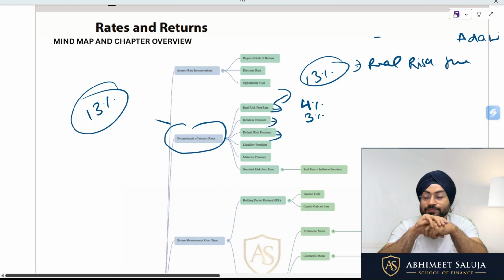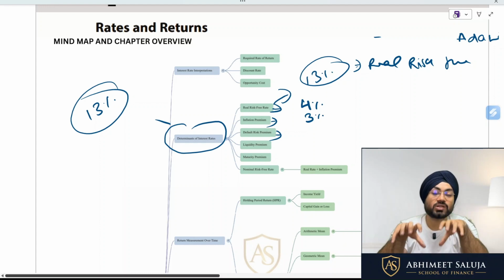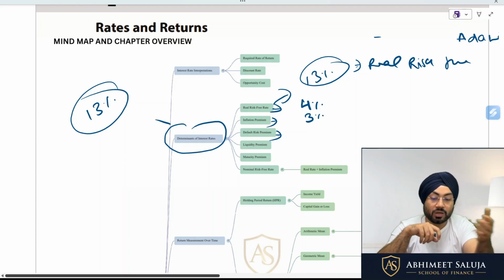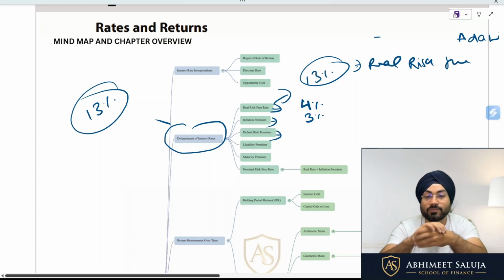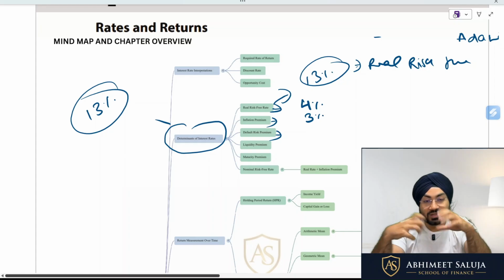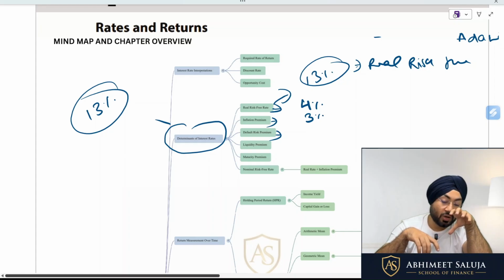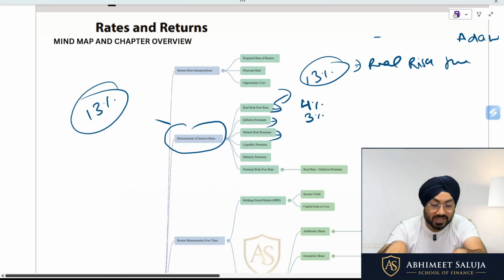I need some compensation for that. I am facing that risk. My capital can go into default, right? It is possible that Adani Enterprises doesn't pay the interest or the capital back to me. I am facing that risk, and because I am facing that risk, I need some compensation for it. So yeah, that is basically default risk premium.